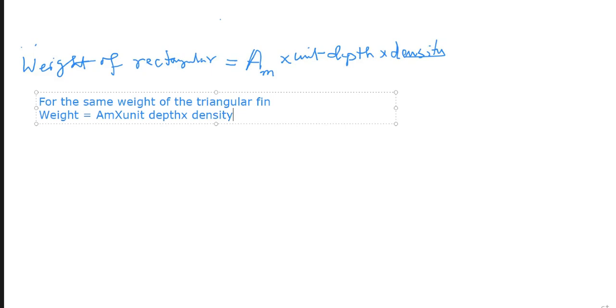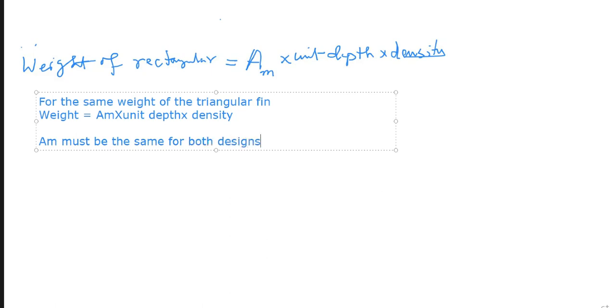Okay, so obviously for the same weight, AM must be the same for both cases, which implies AM must be the same for both designs.